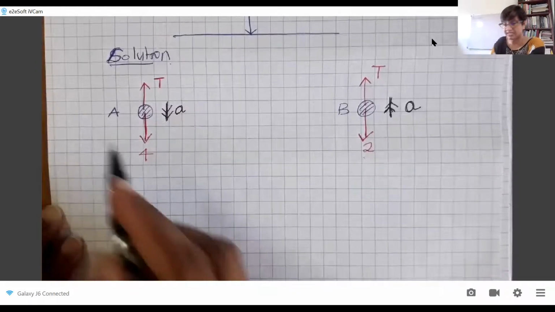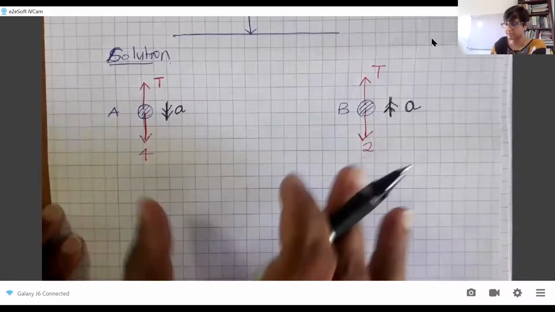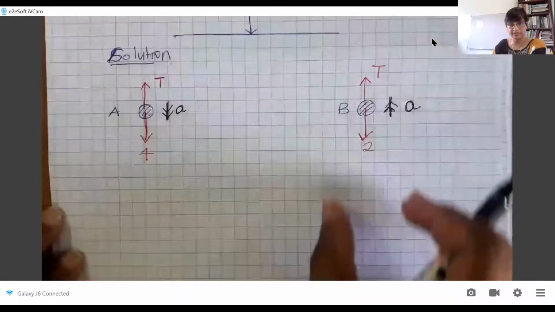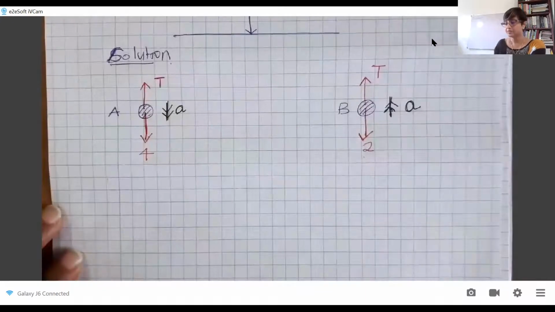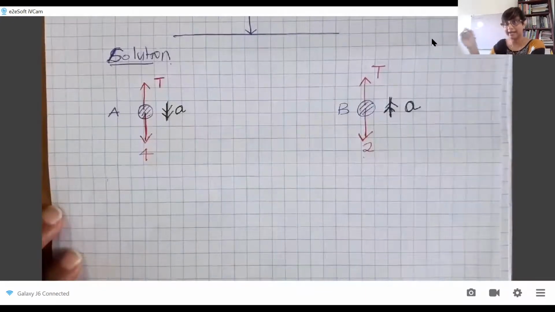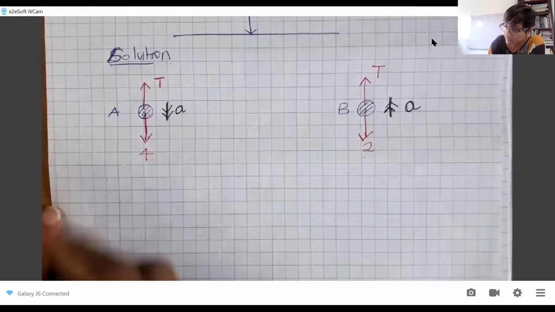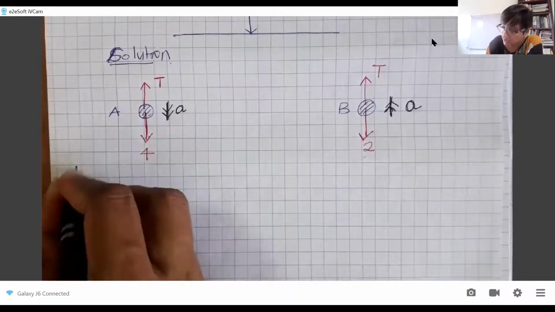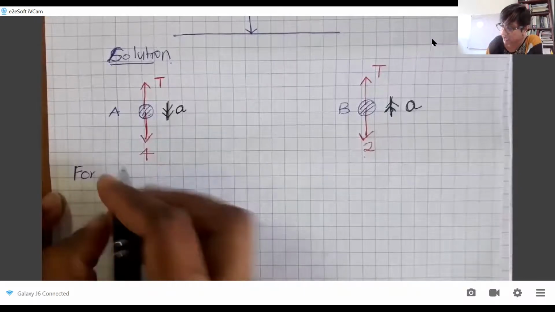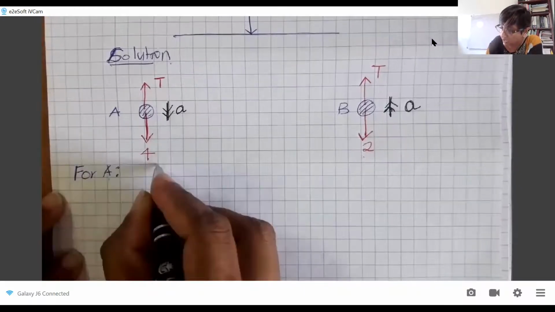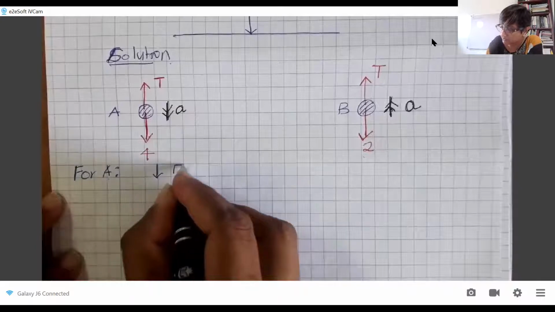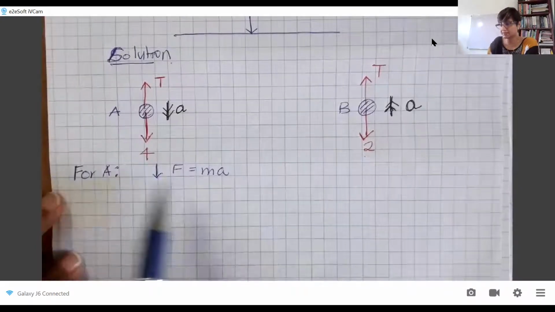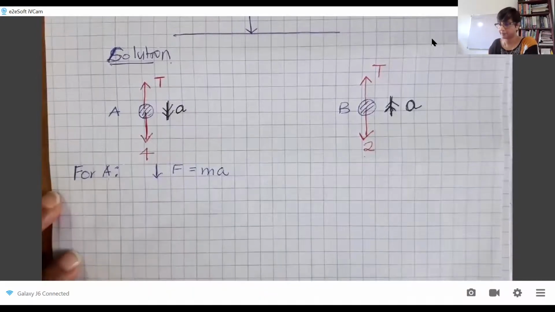Now, the way I am presenting my work, I don't have to say it, because under A, I am doing the work for A. Under B, I'm doing the work for B. If you're not doing it like that, then you have to say for A, like this. I will write it here just for you to know. For A, downwards, you apply F equals ma. I didn't have to say this because I'm writing it underneath A.